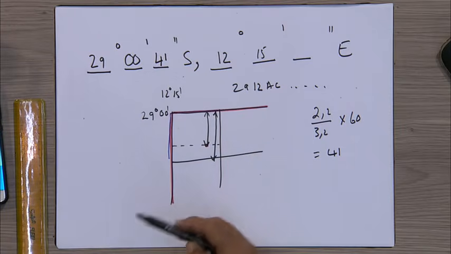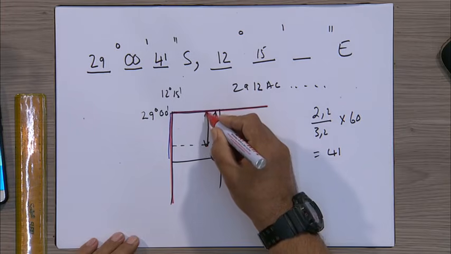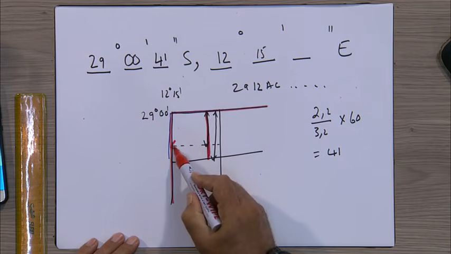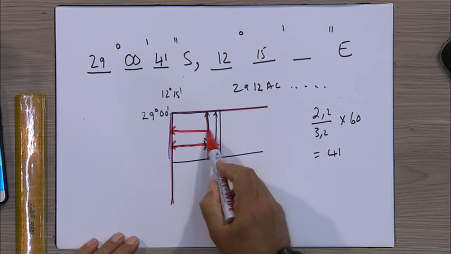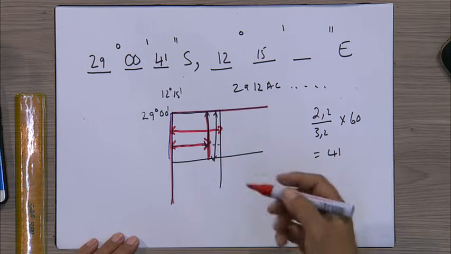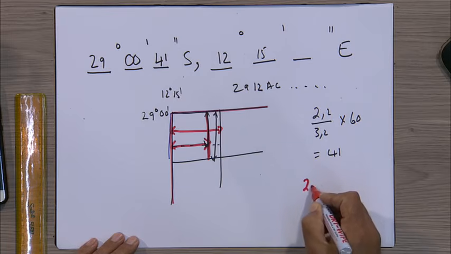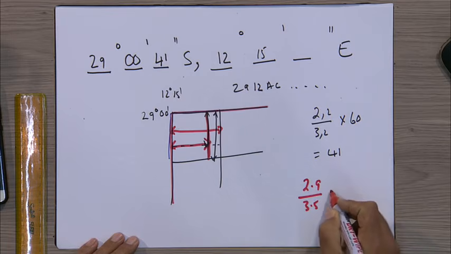Now, for the longitude, let me just use a different color once again. For the longitude, I want to get that longitudinal position there. So I do the same thing. I measure from the side to my point. I measure from the side the entire block. And let's say in this case, I'm also just going to make up numbers once again. Let's say I get 2.9 over 3.5.